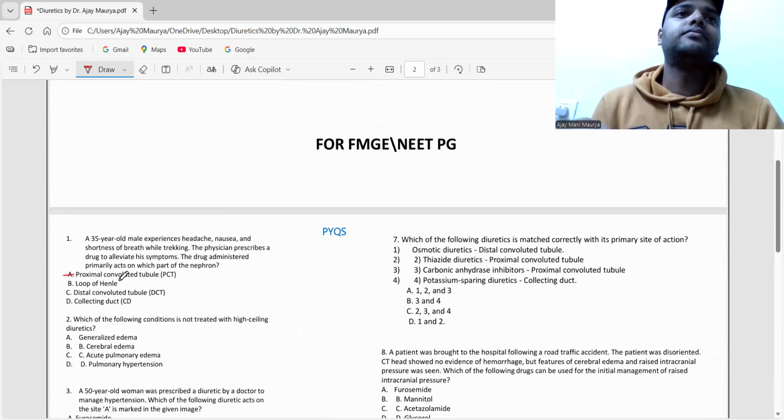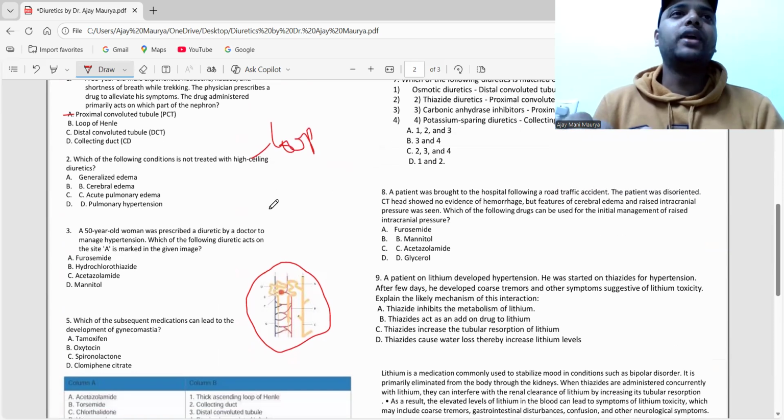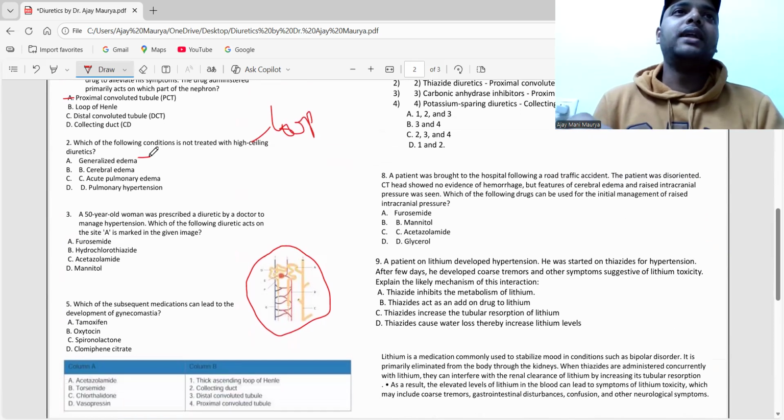Next one. Which of the following conditions is not treated with high-ceiling diuretics? See, which are high-ceiling diuretics? Examples: loop diuretics. Edema, okay, cerebral edema also we can treat. This is also treated.